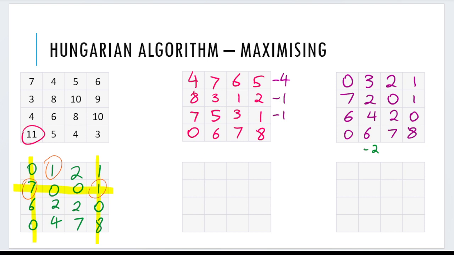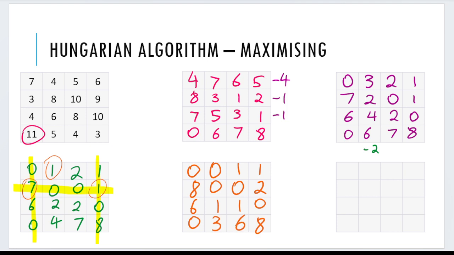First of all, I'm going to draw in the ones that are remaining the same: 0, 1, 0, 0, 6, 0, 0, and 8. I'm going to draw the ones that have had 1 added to them, that have been covered twice. Now I'm going to look at the ones that are fully uncovered, which need to have 1 subtracted from them. And 1, 1, 3, 6.